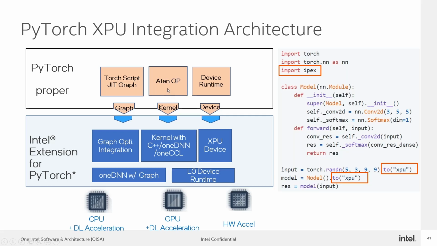The top is the PyTorch level operators. PyTorch provides TorchScript to do the JIT graph. It also provides the ATen library for deep learning operators. And there are some device specific runtimes defined in PyTorch.